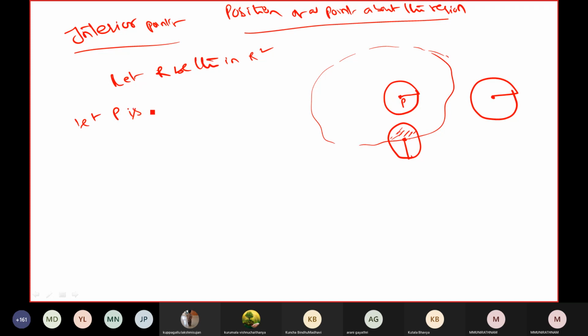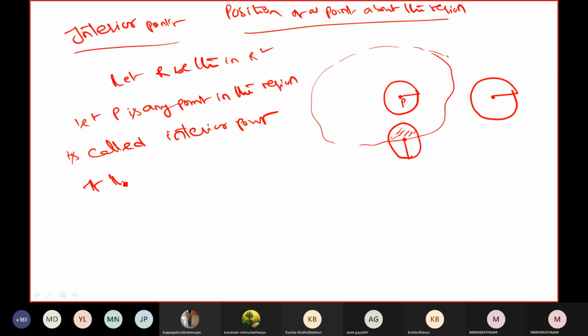It is called an interior point if the neighborhood of P, N delta of P, is always inside the region.